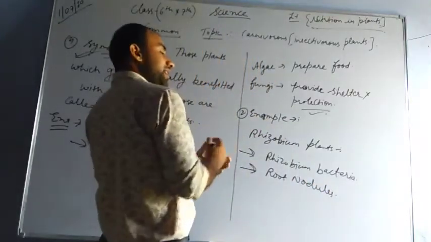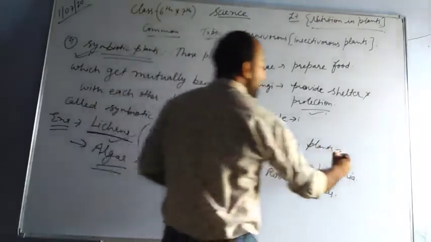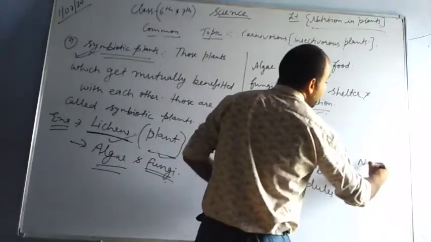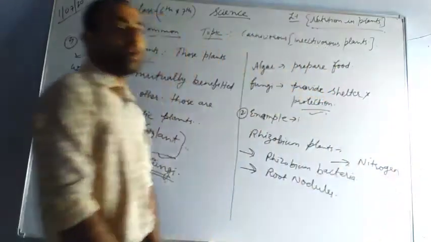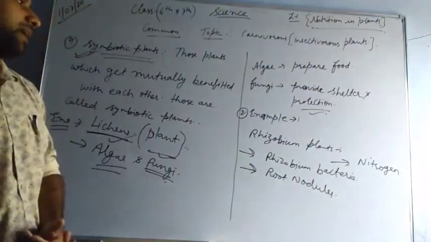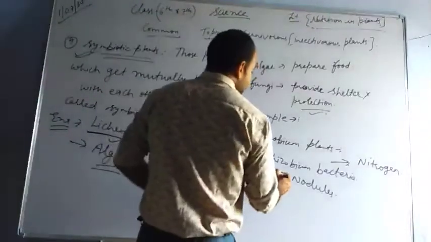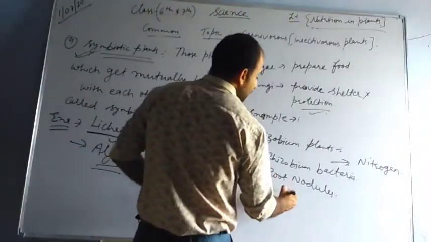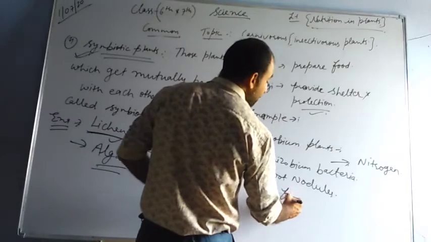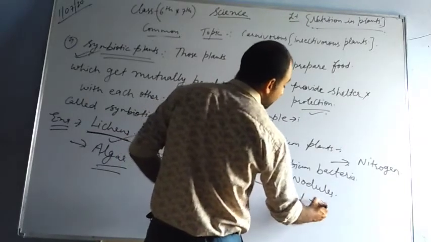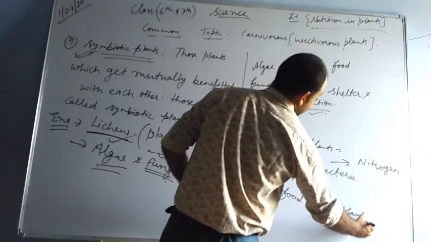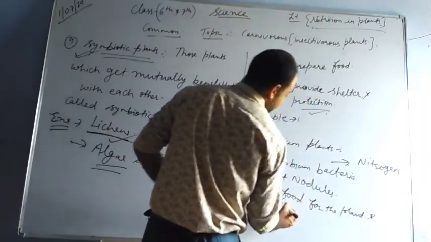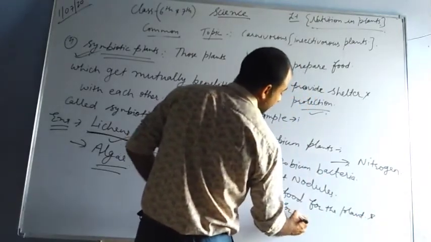Rhizobium bacteria provide nitrogen to the plant, and the root nodules prepare food for the plant and also for the rhizobium bacteria.